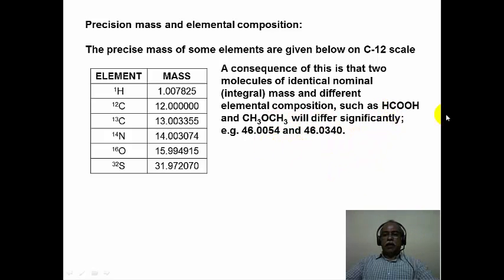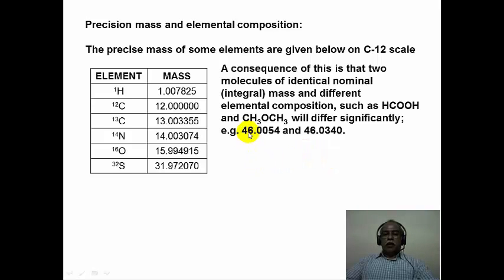If you take formic acid, there is one carbon, let us say that is carbon 12, and there are two hydrogen. The two hydrogen would correspond to 2 times 1.007825, and two oxygens would correspond to 2 times 15.994915. If you add up all these numbers, what one would get is 46.0054. And if you do the same thing for dimethyl ether, the number that one gets is 46.0340.